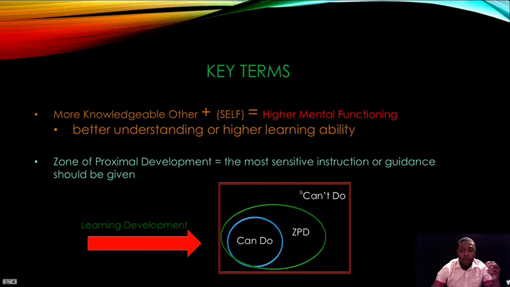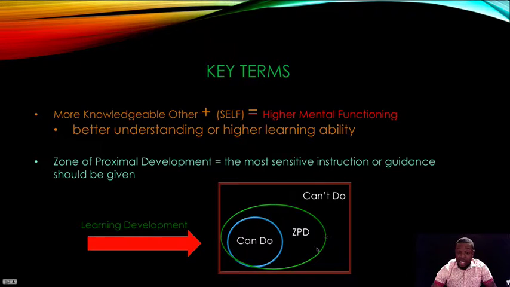I started out with this box, and this box represents everything that a kid can't do. Then we get a closer look inside the circle, and this circle represents everything that the kid can do.